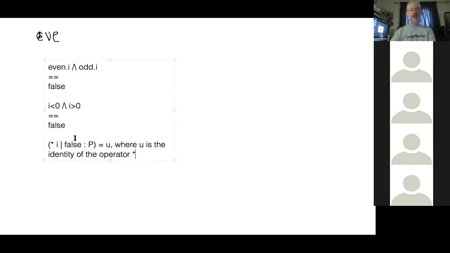So this is saying if we have false here, this thing will collapse down to the identity. So it's important to be able to recognize when the range is false, and to know the identity of the operators. So that's another question that tends to come up in this situation.